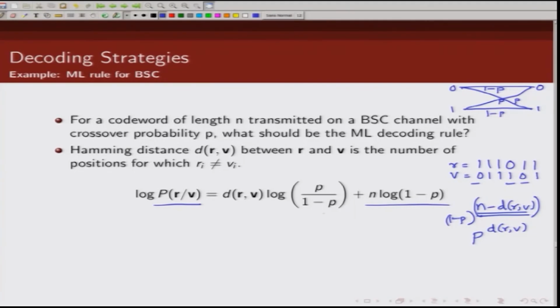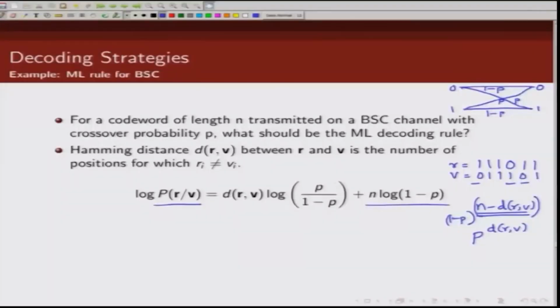Now, look at this term closely. Typically, the crossover probability will be smaller than half. If that happens, what happens to this ratio p by 1 minus p? This will be some ratio between 0 and 1, and what happens to log of a number which is between 0 and 1?